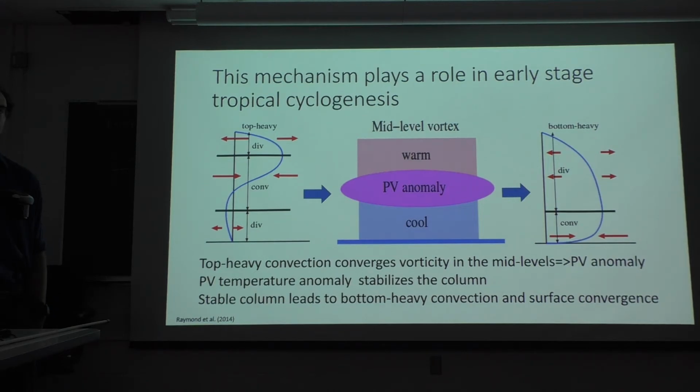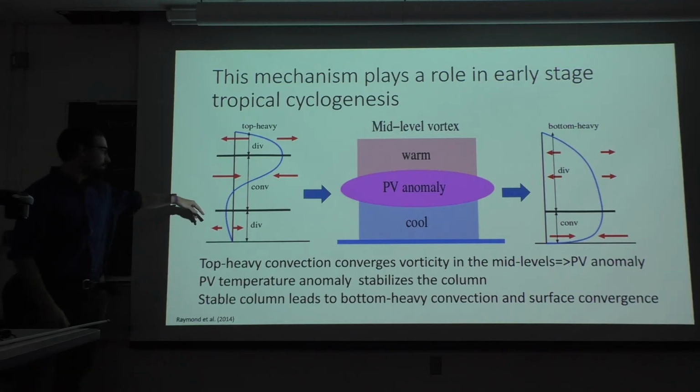What I'm a little confused about is how does the top-heavy convection generate a PV anomaly in the mid-troposphere? Is it just by convergence, or is it by column stretching? It's almost entirely due to the convergence of the environmental vorticity by the fact that we have the top-heavy profile.